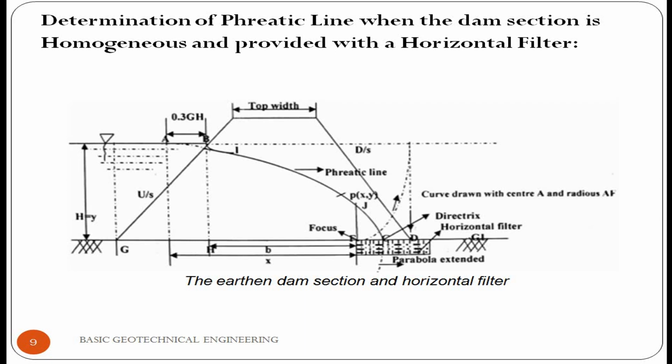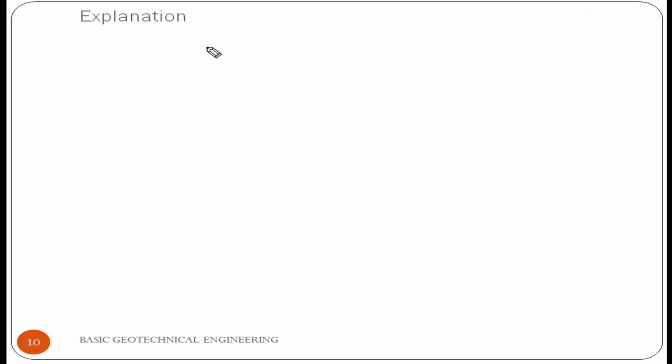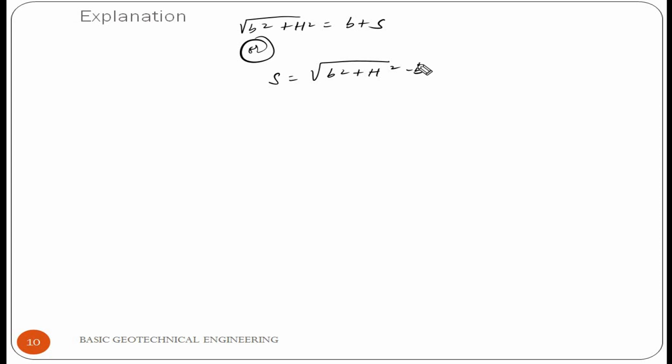So the equation will be square root of b square plus h square is equal to b plus S, or S is equal to square root of b square plus h square minus b.